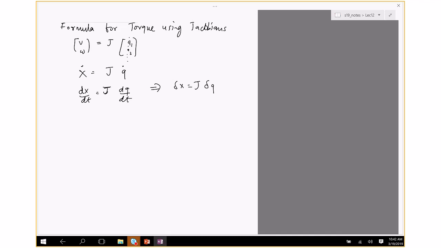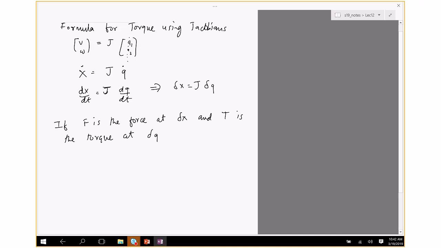Now we're going to try to take this and relate it with force and torque. If F is the force at delta x and T is the torque at delta q, so these torques are acting at the joints.